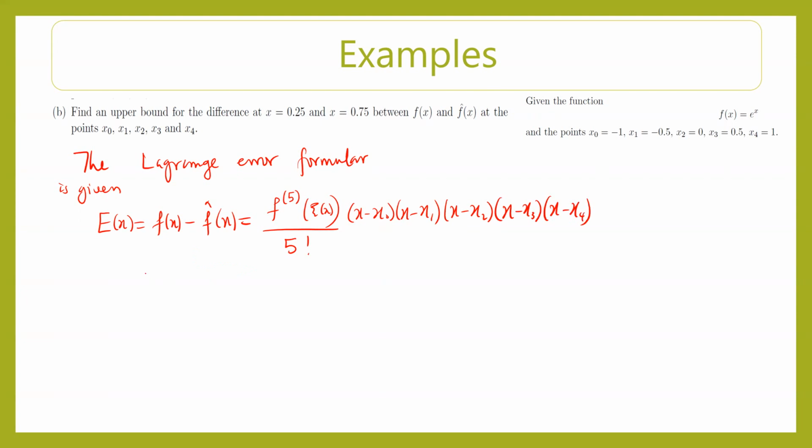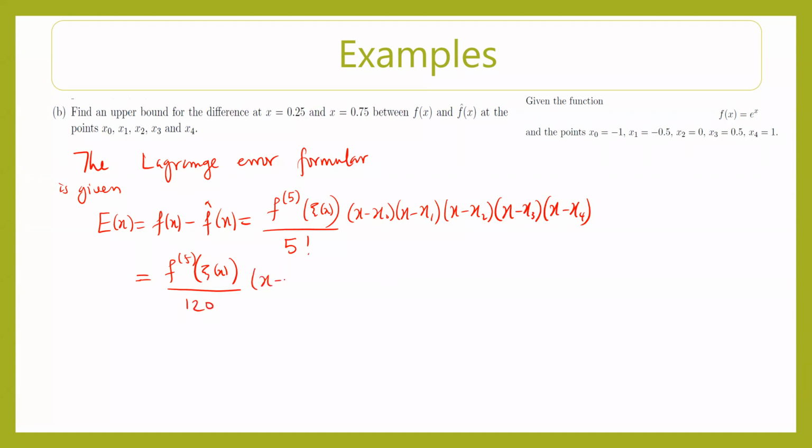And if you write that clearly, what you have there will be f to the 5th of zeta x over 5 factorial, which is 120.